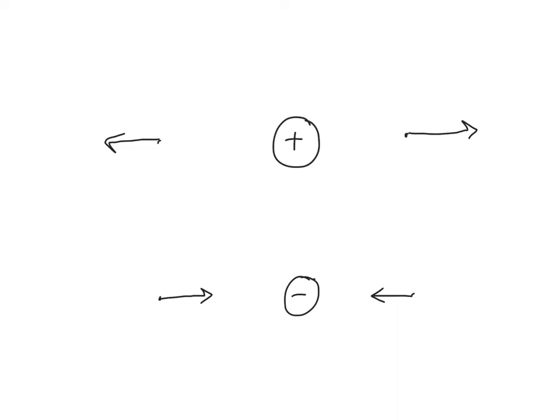Now, why is that exactly? What are we supposed to get from that, and why do we draw them that way? Well, it's because of this idea that we started with, which is that it's the electric field that exerts the force. So you shouldn't really think about the charges necessarily as pushing on each other.